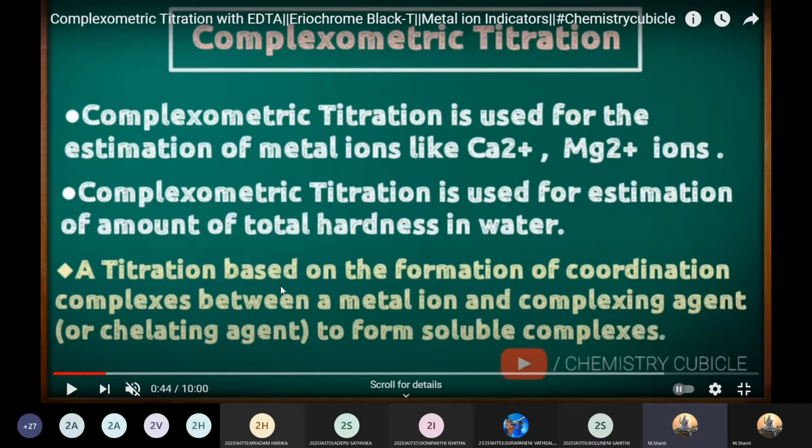Here you can see this is a titration based on the formation of coordination complexes between a metal and a complexing agent. So which is the complexing agent here? Metal ion and complexing agent, right?